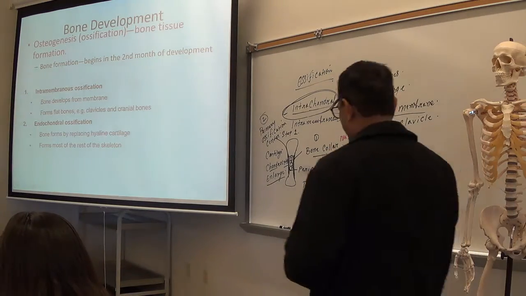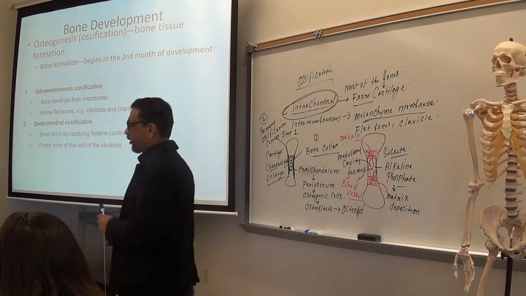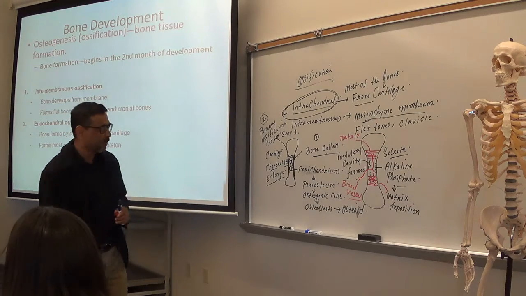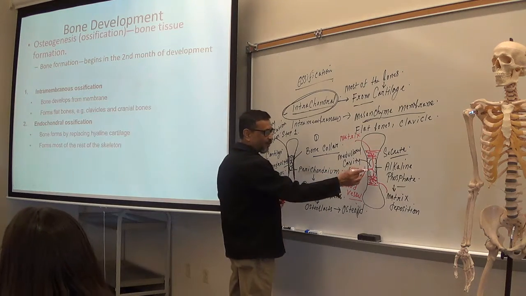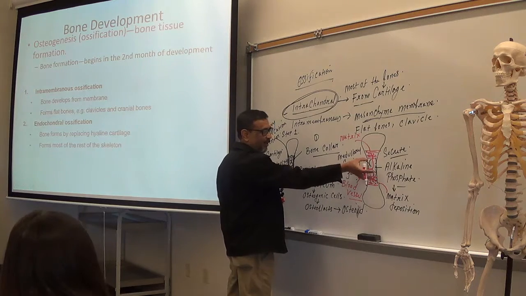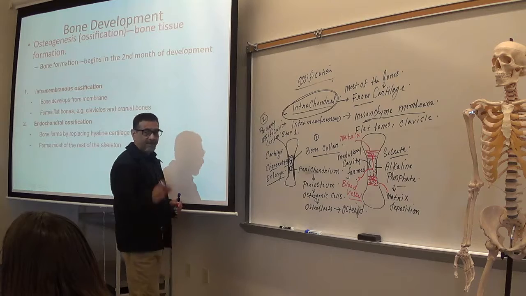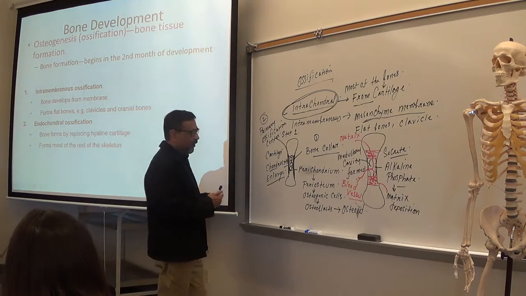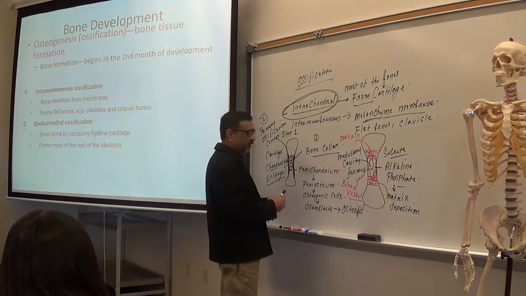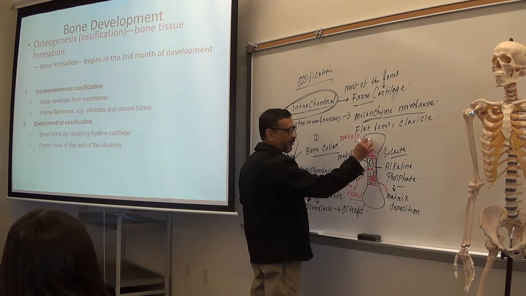So the blood vessel will enter into the medullary cavity through the shaft of the bone and will branch both ways.